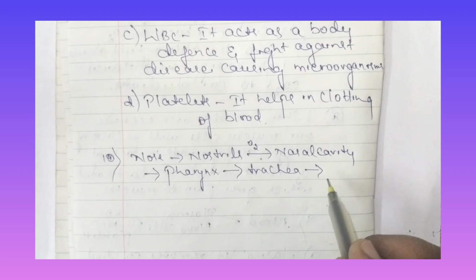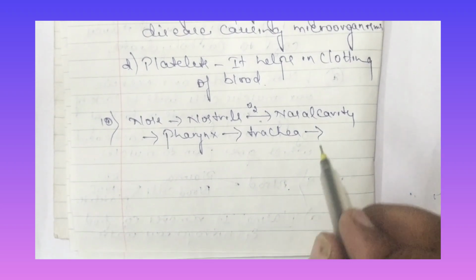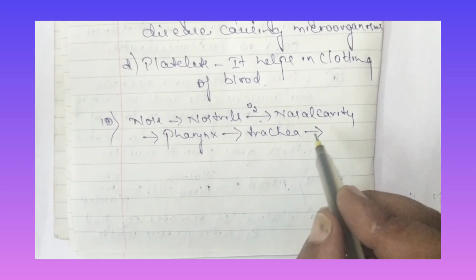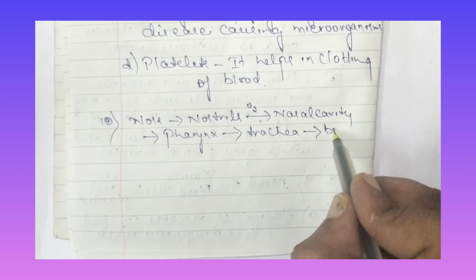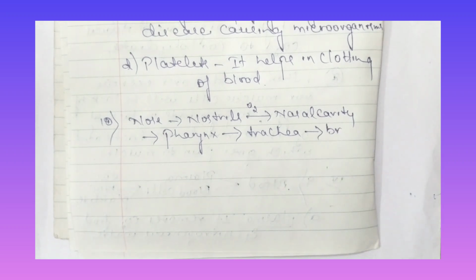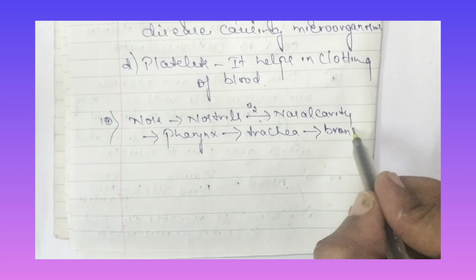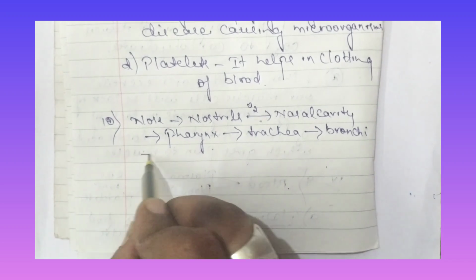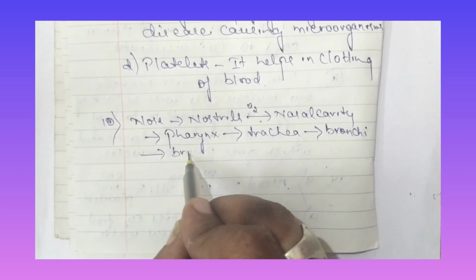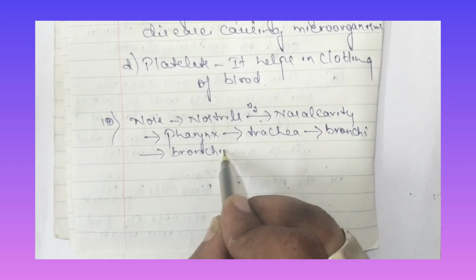In the lungs, the trachea is divided into bronchi. Bronchi are divided into bronchioles.